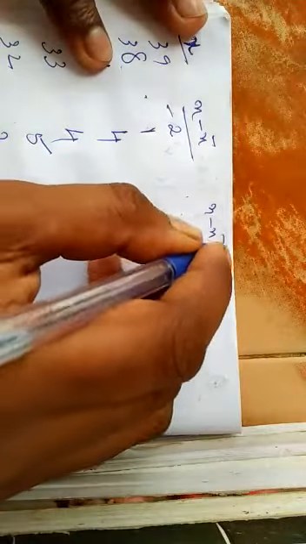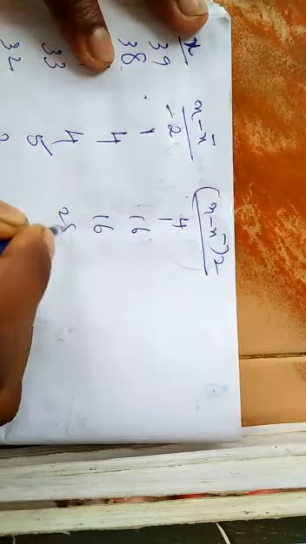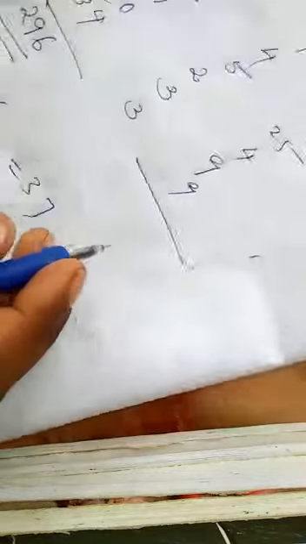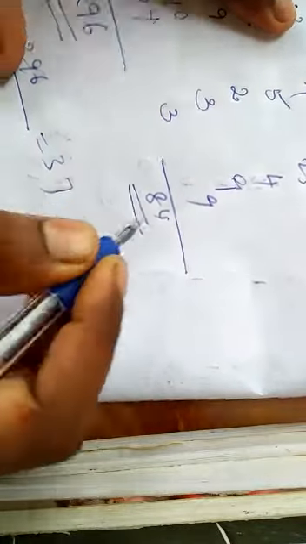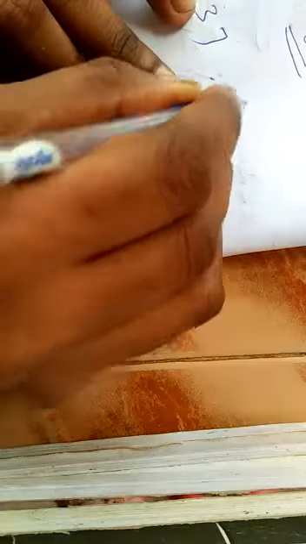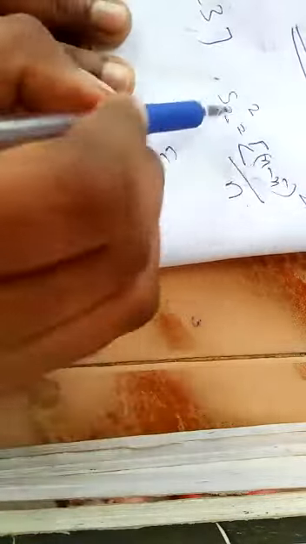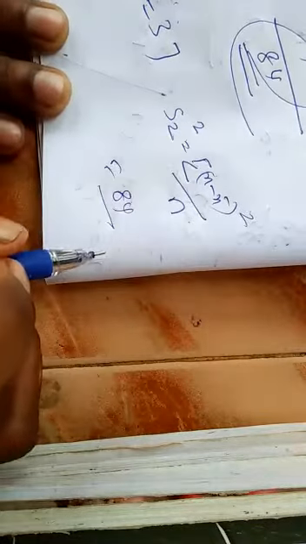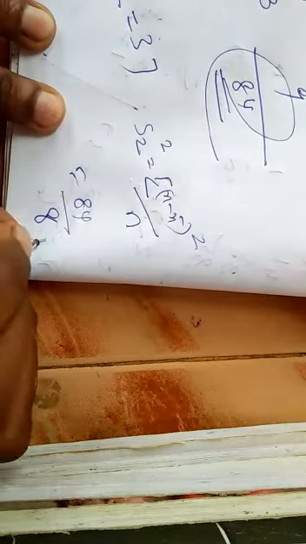Take x minus x bar square: 4, 1, 16, 16, 25, 4, 9, 9. Adding it up, you got 84. Next, s2 square equals summation x minus x bar square divided by n, which is 84 divided by 8.